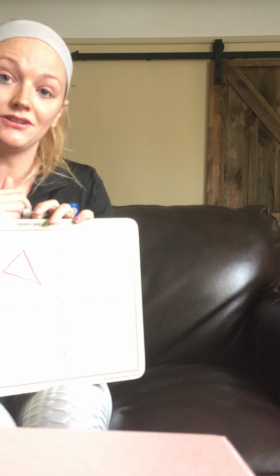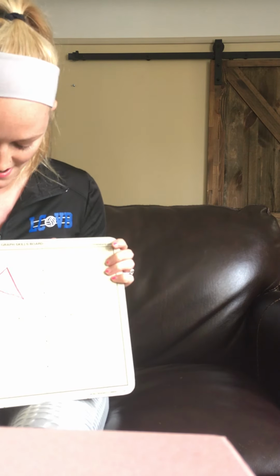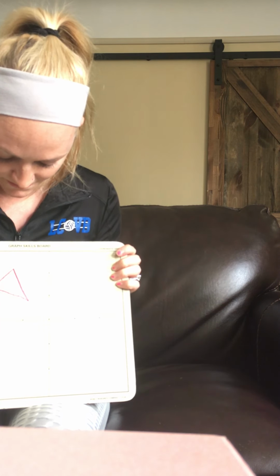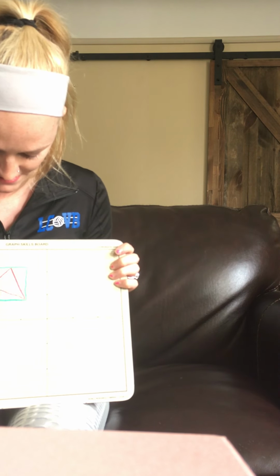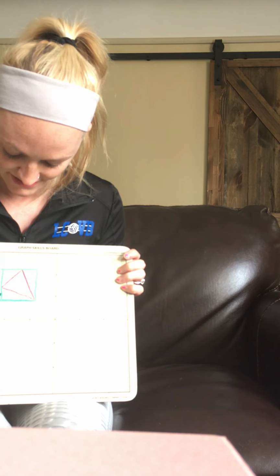So this is a triangle, but I don't have the base and the height. Instead, I can create a rectangle around this. If I look at the farthest points in green, I'm going to have to go all the way around like this. So I have 1, 2, 3, 4, 5, 6, 7.